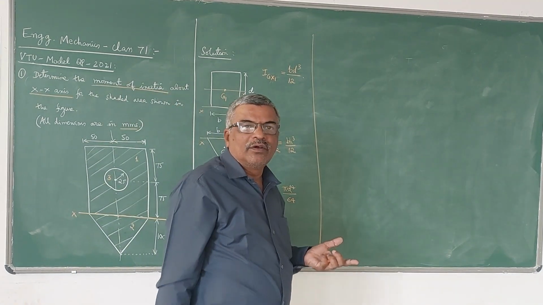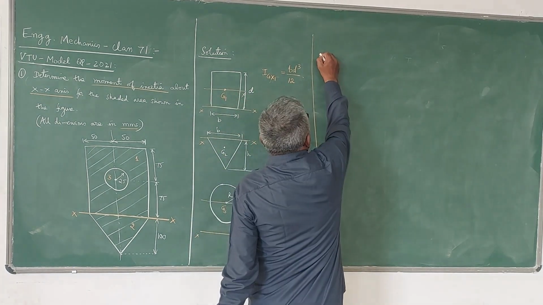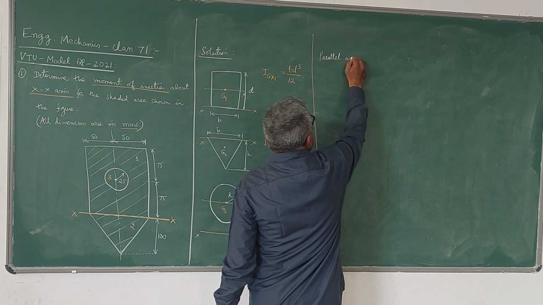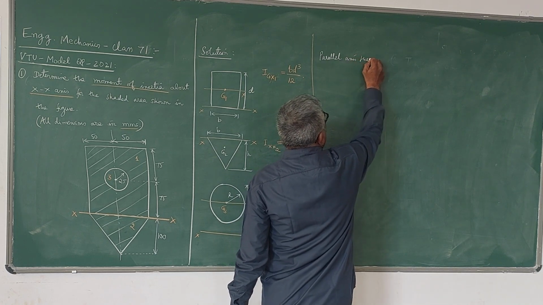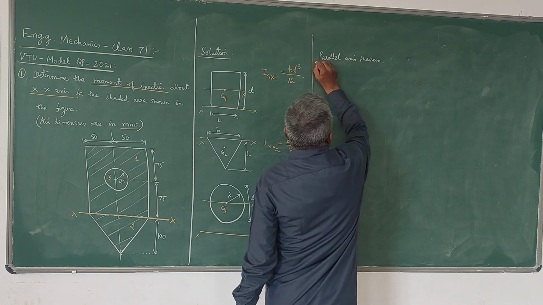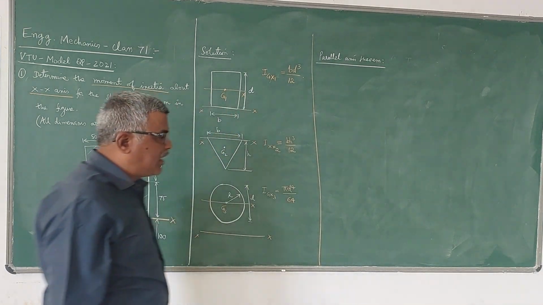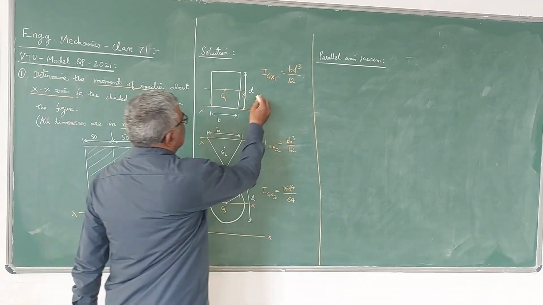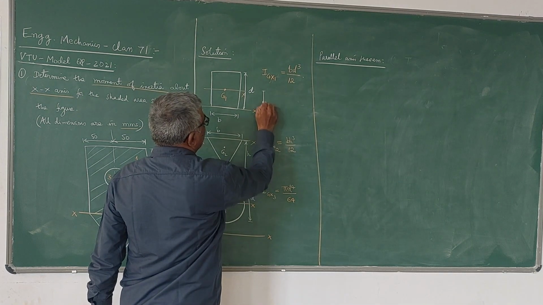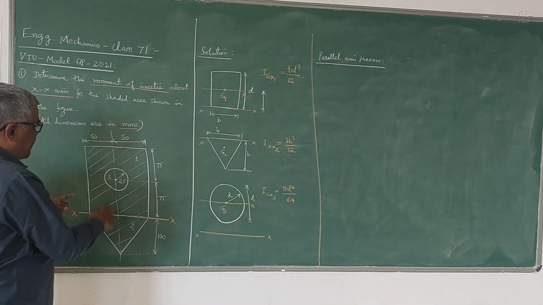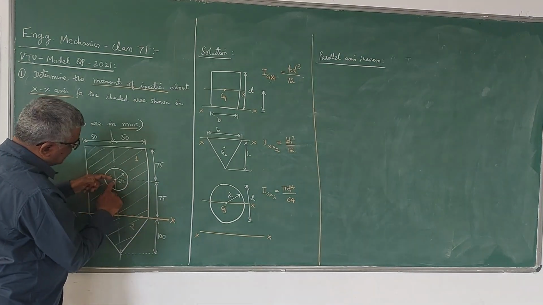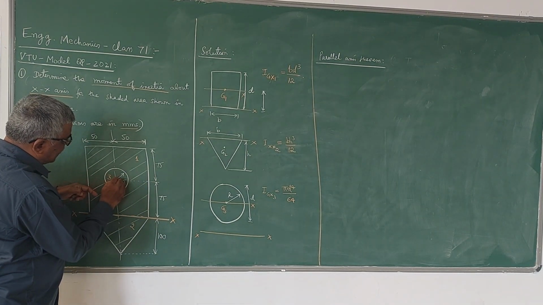Now let us use one important theorem called the parallel axis theorem. The parallel axis theorem is used to find the moment of inertia of the composite section about the required axis. Here the axis is the x-axis. Please note that the x-axis is at a distance of 75 from the centroid of the rectangle.